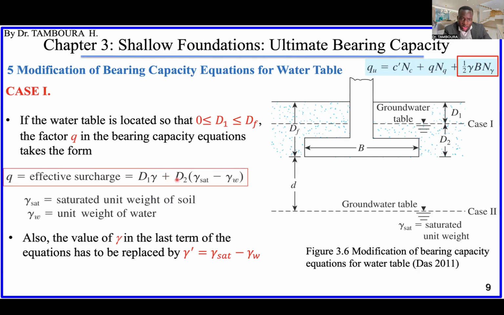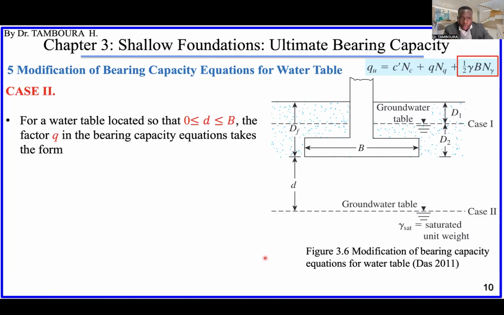Plus D2, this one, from the water table to the foundation level, multiplied by this gamma prime. This will replace this Q here. This is the first modification. The second modification is this gamma here, replace it by gamma prime, defined here as gamma sat minus gamma W. In this first case, these 2 modifications are needed.